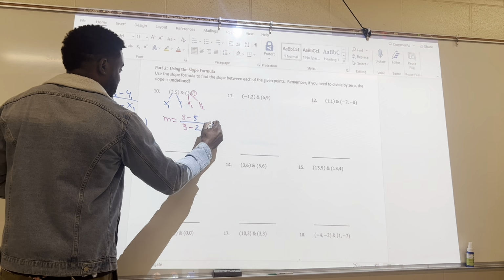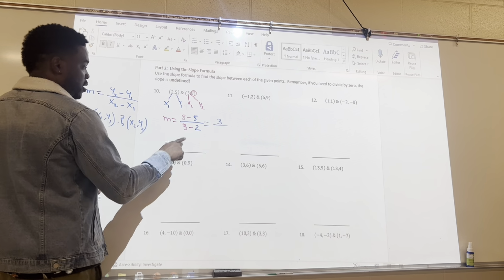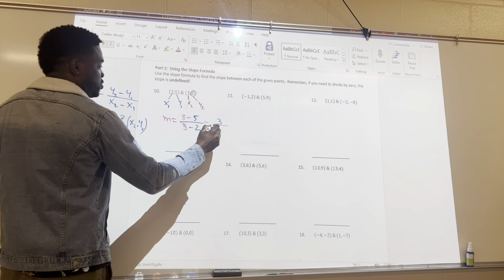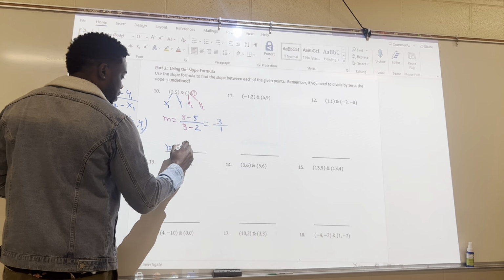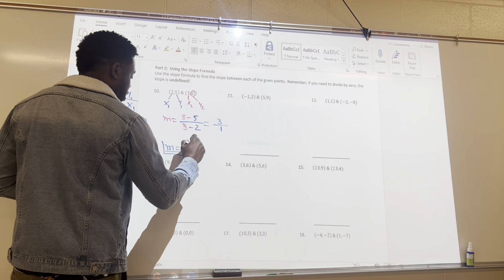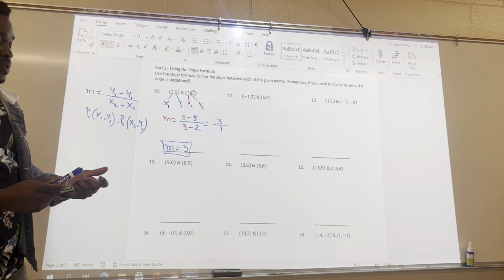Now I can simplify. 8 minus 5 is 3, while 3 minus 2 is 1. Therefore, my slope is 3, meaning my rate of change is 3.